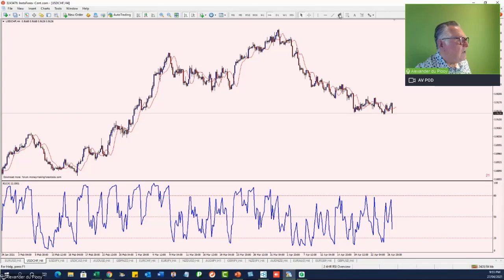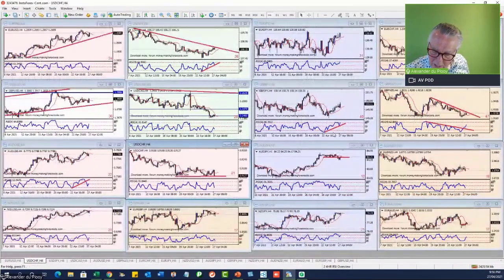And the type of thing is you trade the breakout of that when it makes new lows. So we'll also watch that one. I don't like trading the franc, but I've got the franc yen as a possibility there. So we'll come back to that. At the moment, I can't see anything jumping out.